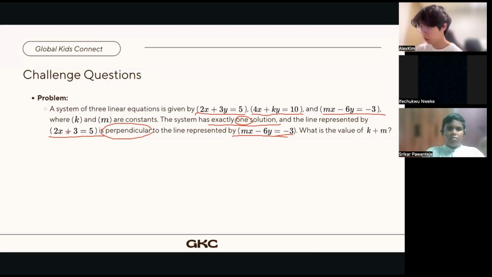So we will change the word. There's a slight typo. There should be a y here, actually. So if these two equations are perpendicular, then their slopes, when multiplied, should equal -1. We'll show that by taking the equation 2x plus 3y equals 5. Then we isolate the y, and then divide by 3.